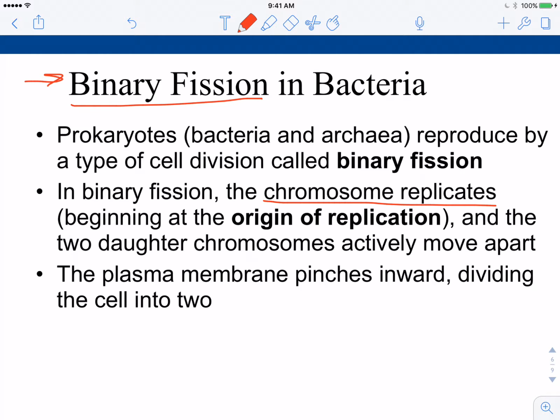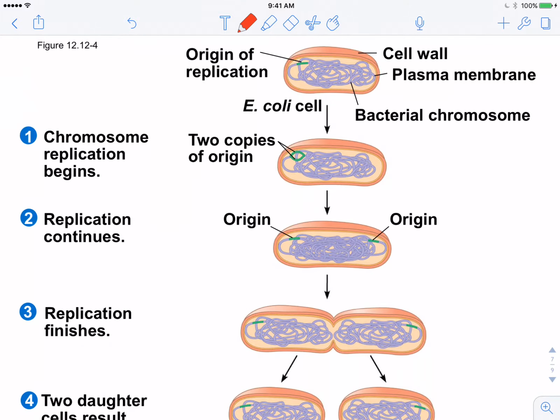Remember, there's only one chromosome in prokaryotes, and it's circular. Then the two identical copies just begin to move apart. The plasma membrane pinches inward, sort of like cytokinesis, and that divides the cell in two. So it's pretty simple. Let's have a look.